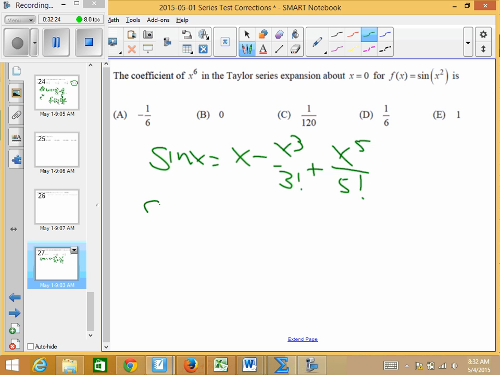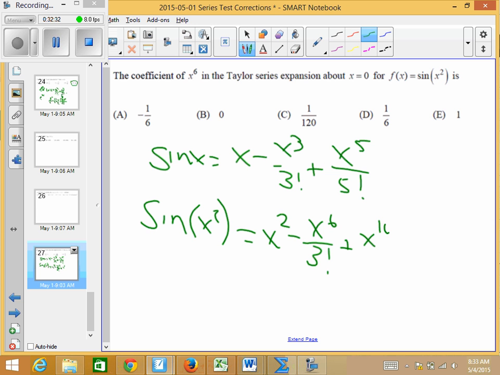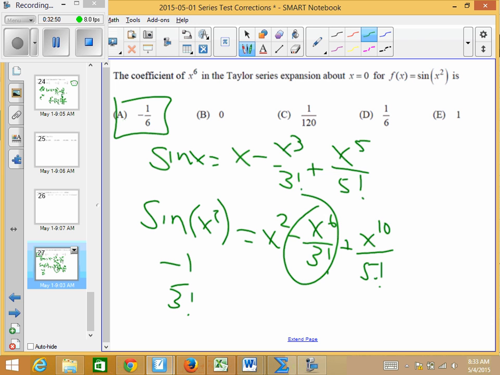And we want sin x squared instead. So the x squared. And we want the coefficient for x to the 6. Right here. Negative 1 over 3 factorial, which happens to be negative 1 over 6. And move on to the next.